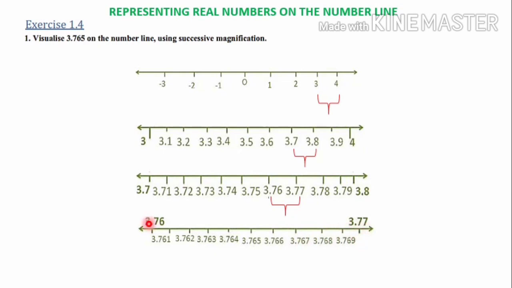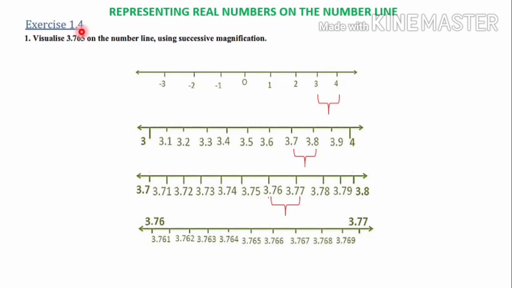And we have started with 3.76. The next one should be 3.761, then 3.762, 3.763, 3.764, 3.765, 3.766, 3.767, 3.768, 3.769 and finally 3.77.